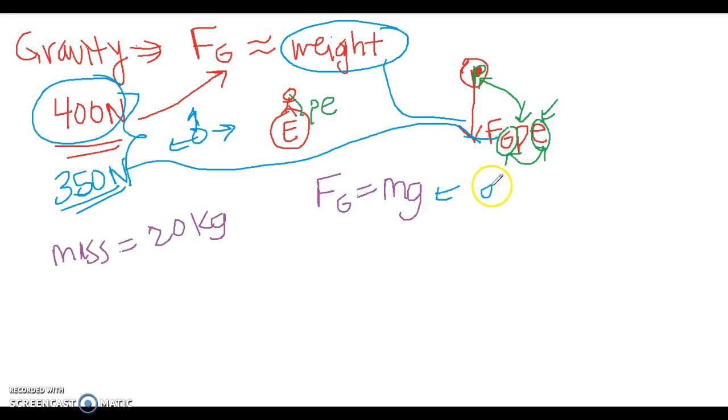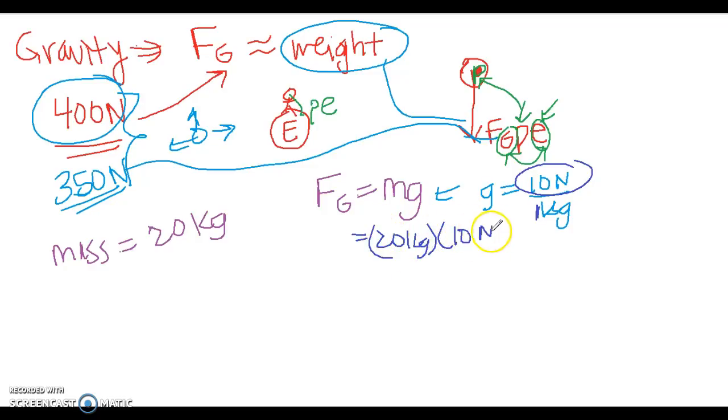And little g is the Earth's gravitational field strength, which is 10 newtons per kilogram, which means that for every 1 kilogram a person has in mass, the Earth pulls with 10 newtons. So a 20 kilogram person, the mass of 20 kilograms times the field strength of 10 newtons per kilogram, is going to have a weight or a force of gravity of 200 newtons, okay?